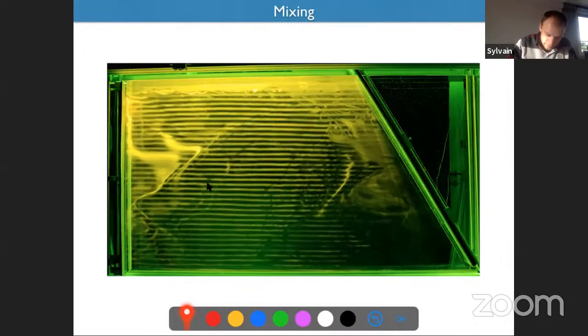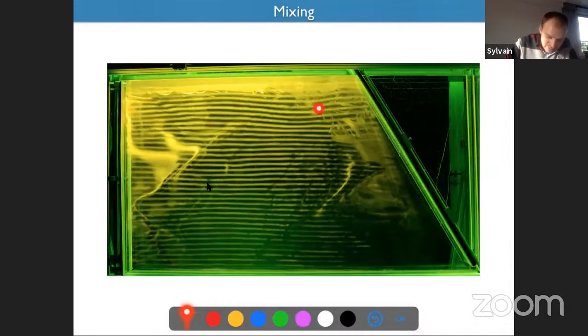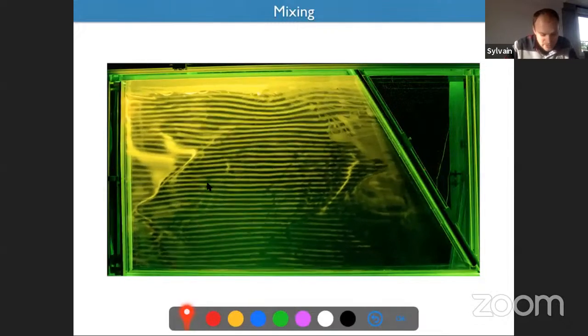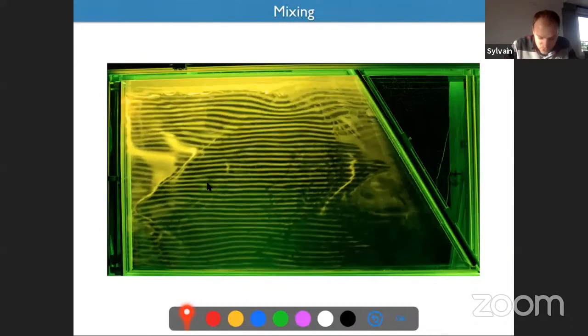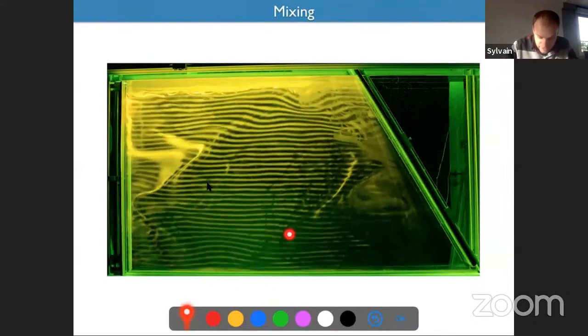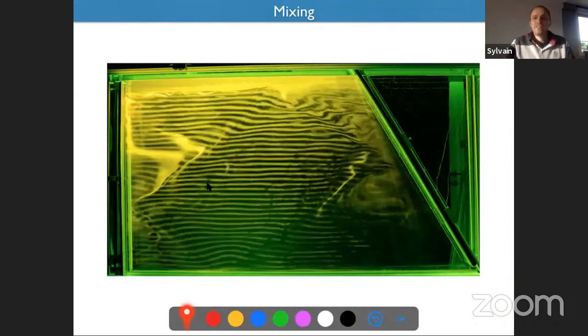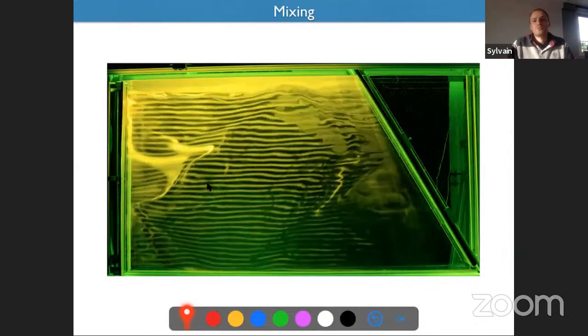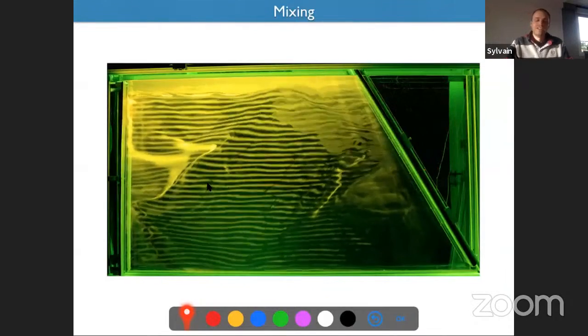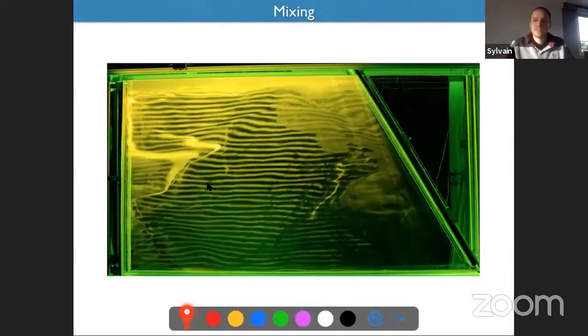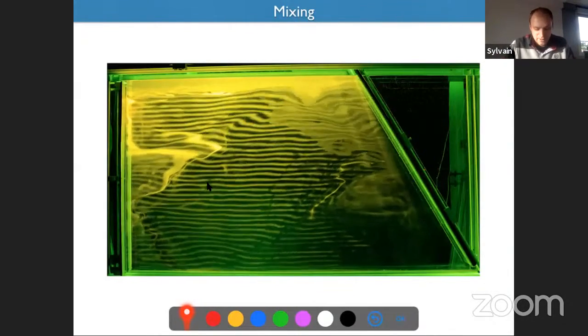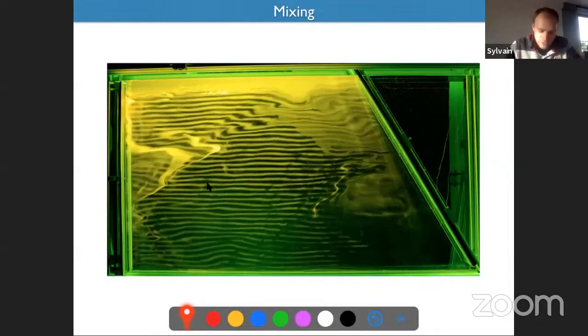So we strongly increase the amplitude of forcing. You can still see the pattern of the attractor, but you can see already strong motion everywhere else. Usually you do this at the end of the day because your stratification is destroyed and you cannot use it anymore. So you fill the tank out and you need to do a new stratification.